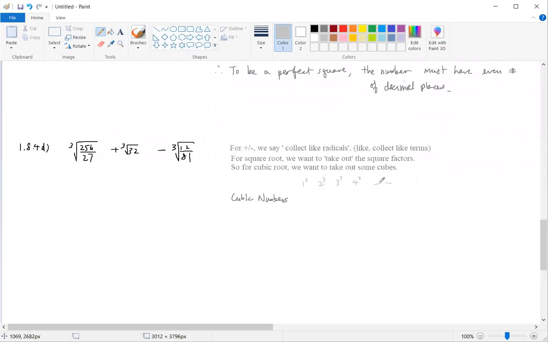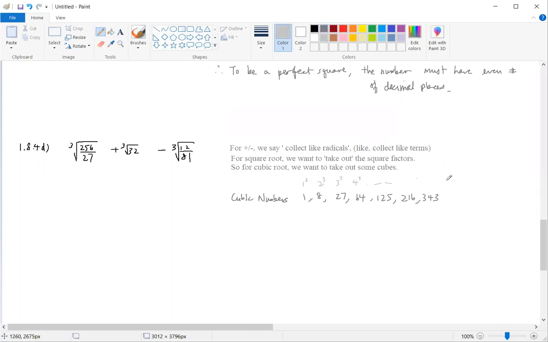So 1 cube, 2 cube, 3 cube: that's 1, 8, 27. 4 cube is 16 times 4, which is 64. 5 cube is 25 times 5, which is 125. 6 cube is 36 times 6, which is 216.